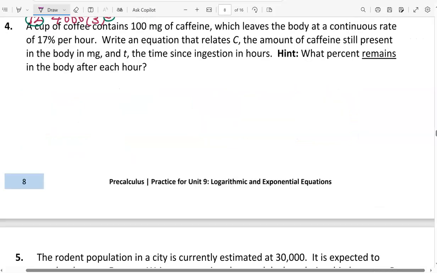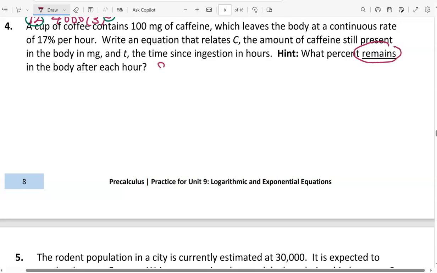In number 4, a cup of coffee contains 100 milligrams of caffeine, which leaves the body at a continuous rate of 17% per hour. So we're going to write an equation that relates C, the amount of caffeine, and t, the time since ingestion, in hours. What we need to be aware of is, think of this: what percent remains in the body after each hour?